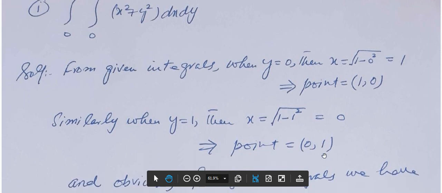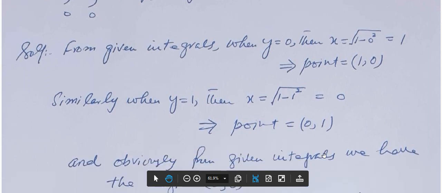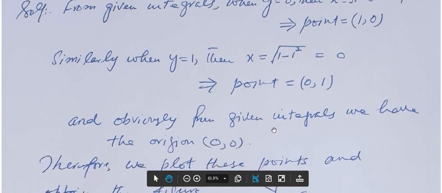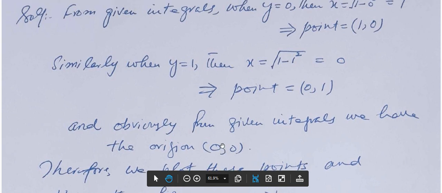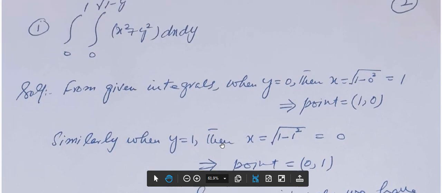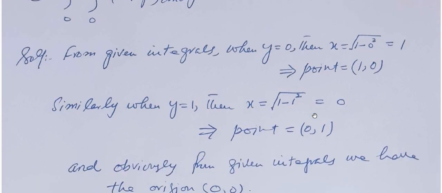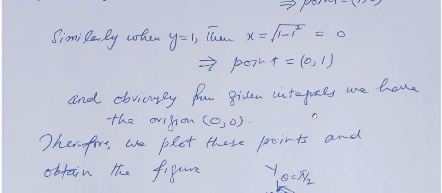And if you also take x as 0 at the origin, what will happen? From the given integral we have the origin 0, 0, because x varies from 0 to this and y varies from 0 to 1, so x is also 0 and y is also 0.